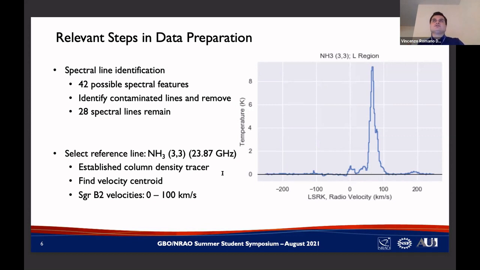And the fortunate thing is that 11 out of the 12 regions for ammonia 3,3 served as very good references, except the U region. For the U region, we substituted ammonia 1,1 as a meaningful reference.